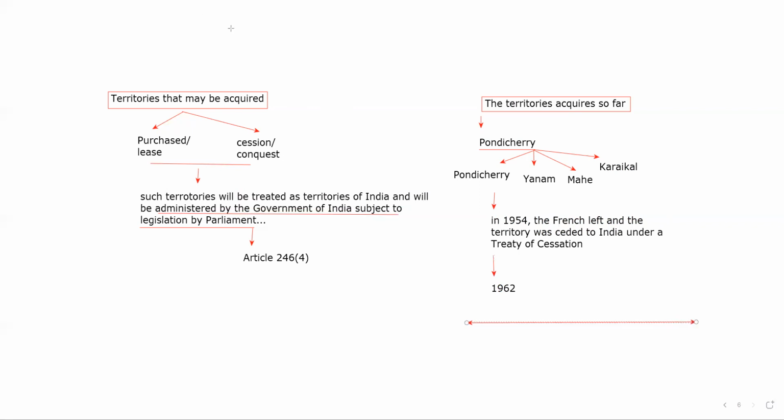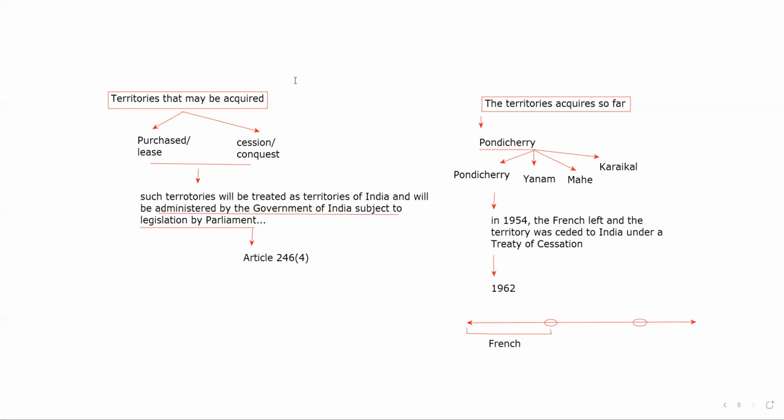Let me write here. One milestone is 1954 and the second milestone is 1962. What happened between this period? From 1947 till 1954, this was under the French occupation.